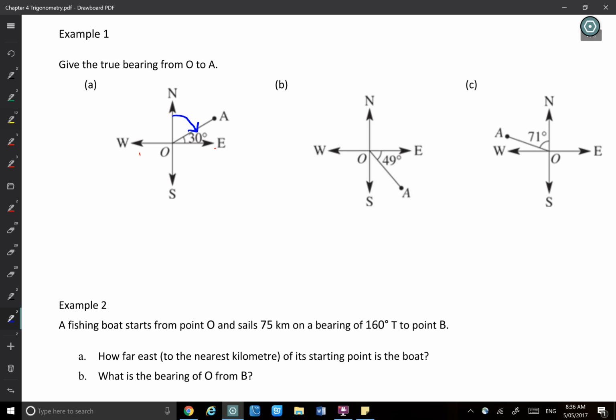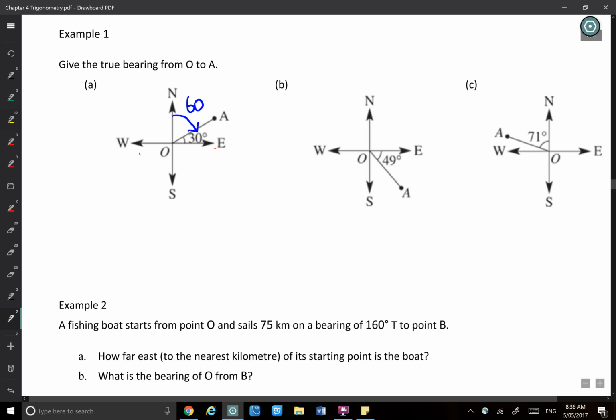So you have 30 degrees here, then that angle will be 90 minus 30, so that is 60 degrees. But you write it in bearing form, that will be 060 degrees T. You must write it that way. That is how we talk about bearings.